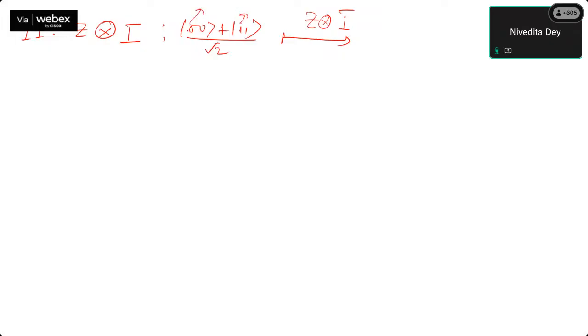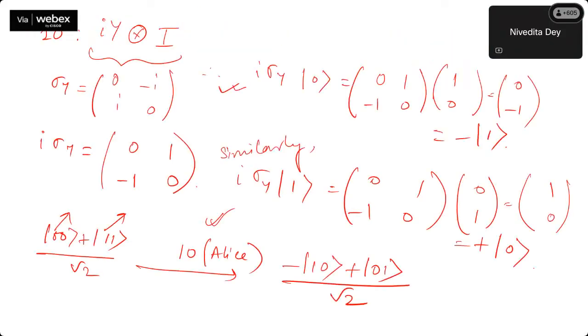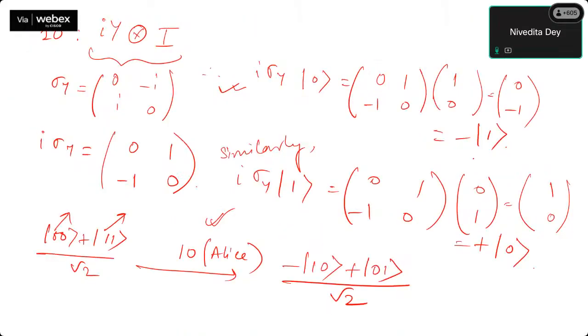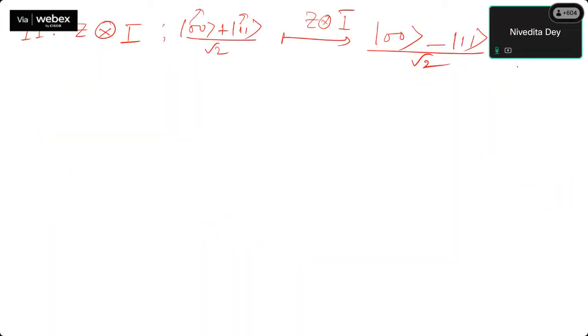So 0 will be 0 and 1 will be minus 1. Okay. So likewise, there are 4 cases. This is case number 1. This particular thing is case number 2. And this is your case number 3. And this one is case number 4.